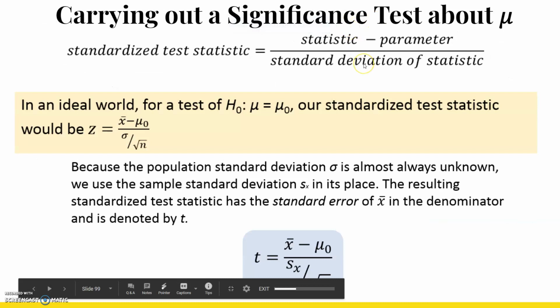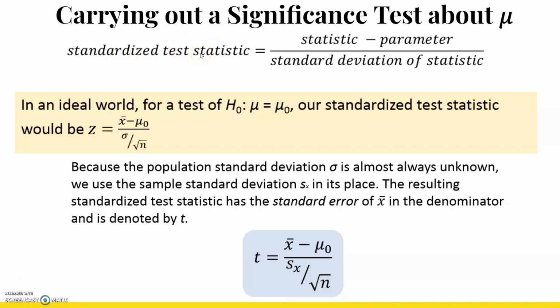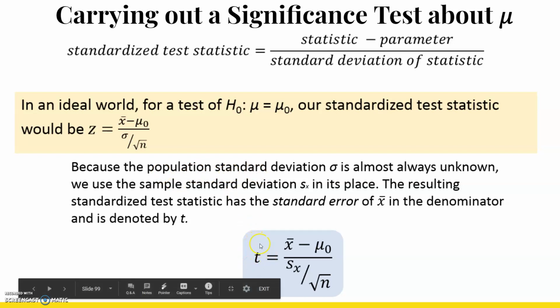Now we're going to actually go through the significance test and calculate a standardized test statistic. We've done this for proportions. Now we go for means. For the sake of simplicity, we don't use z-scores when we don't know the population standard deviation. Just like with confidence intervals, remember, you're going to use the t-table and the t-value, and what we're going to call a t-score.